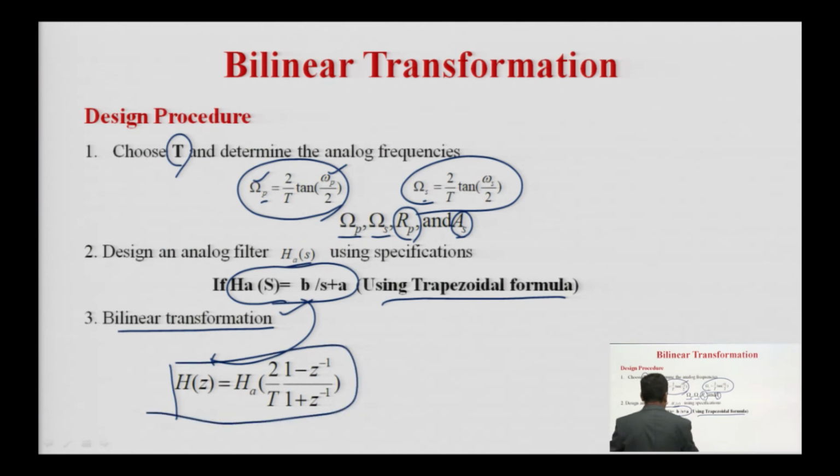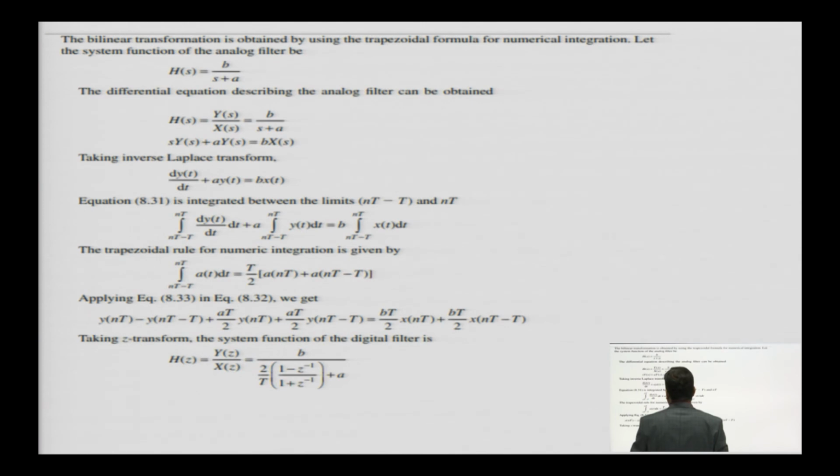This is the same formula here: you have to put S equal to 2 upon T (1 minus Z inverse) upon (1 plus Z inverse), in terms of H A of S, where H A means the transfer function of the analog filter. Now, this is the derivation. So, you can also derive this formula here. How is it possible? So, in the analog filter, H of S is equal to B upon (S plus A), given to you.